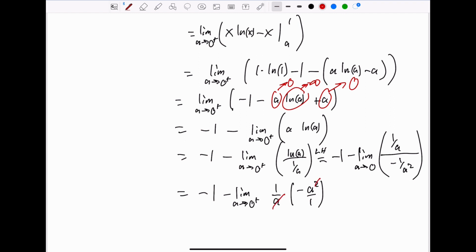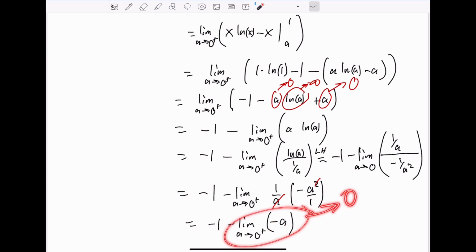The a squared cancels with an a, so I have the limit of just a. As a approaches 0, a approaches 0. So this entire limit just resolves to 0. So I have minus 1 minus 0. So the answer is negative 1.